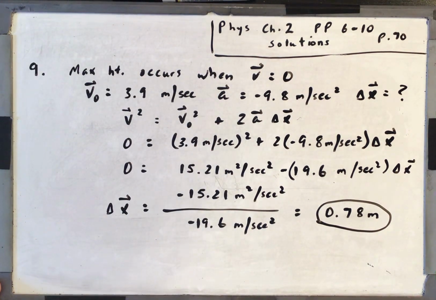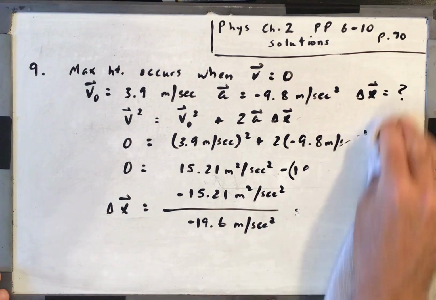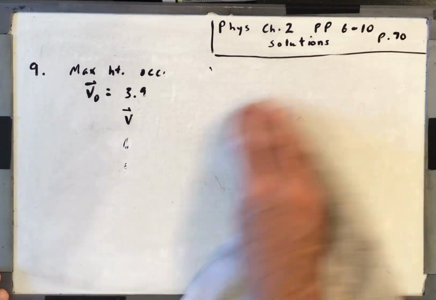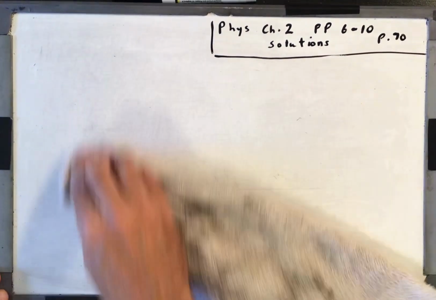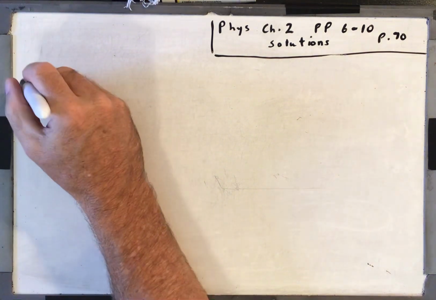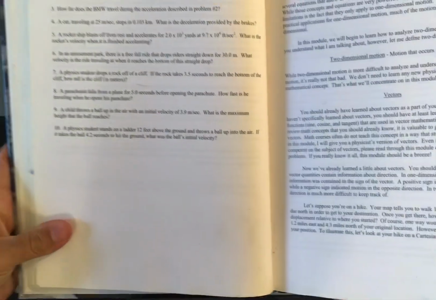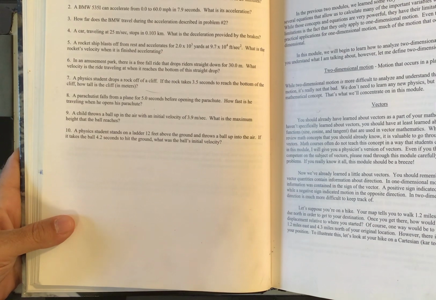All right, so that is number 9, and let's finish this homework assignment out with number 10. Number 10 says a physics student stands on a ladder 12 feet above the ground, throws a ball up in the air.